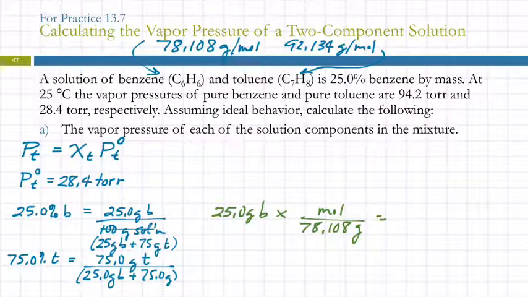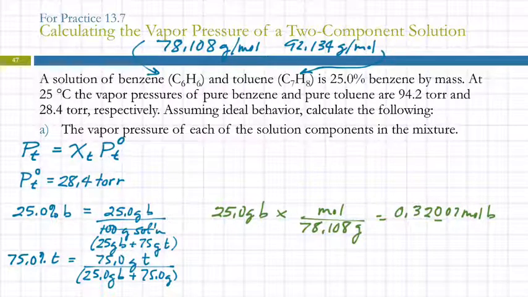So 25 divided by 78.108 gives 0.32007 moles of benzene.